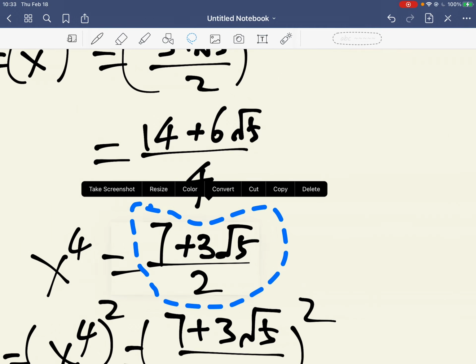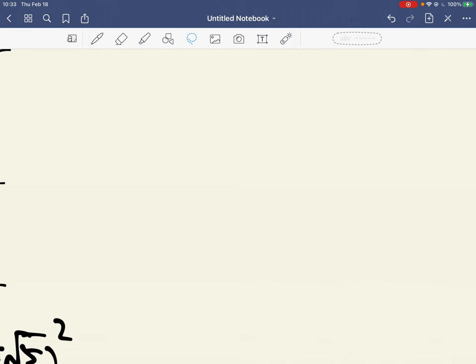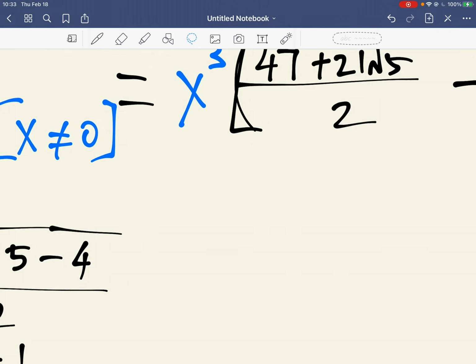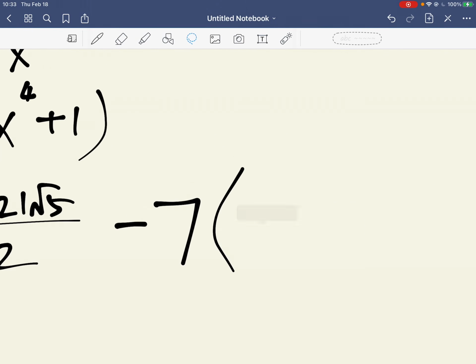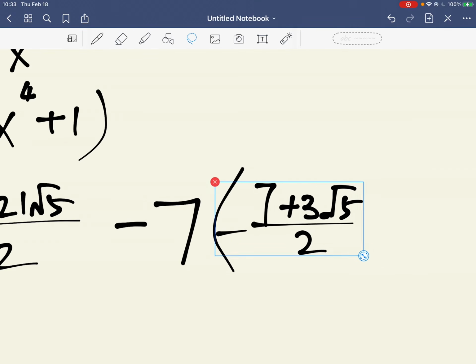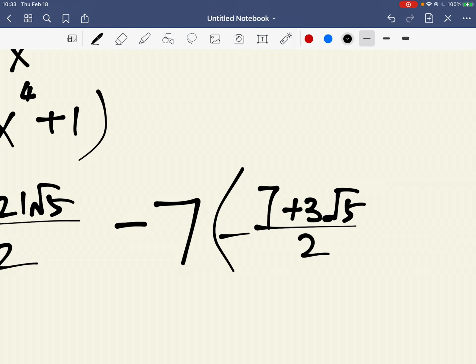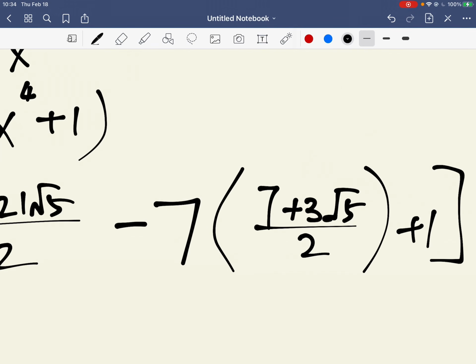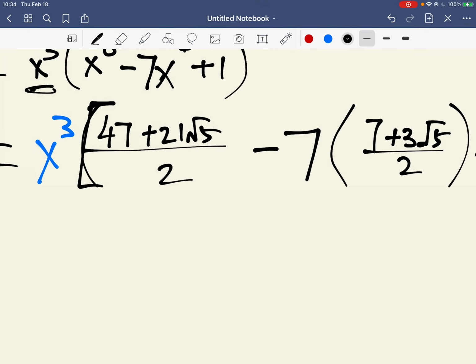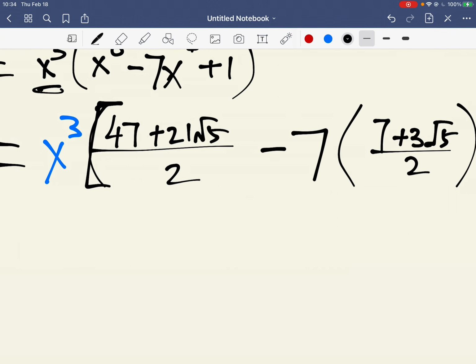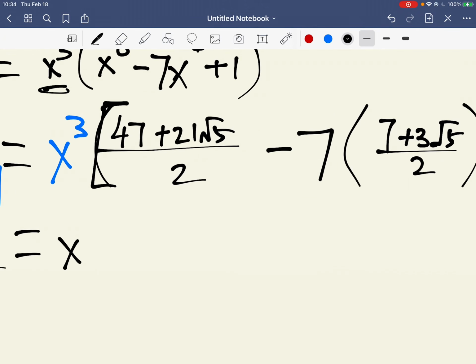Copy that and paste it here. Plus 1, all multiplied by x cubed.